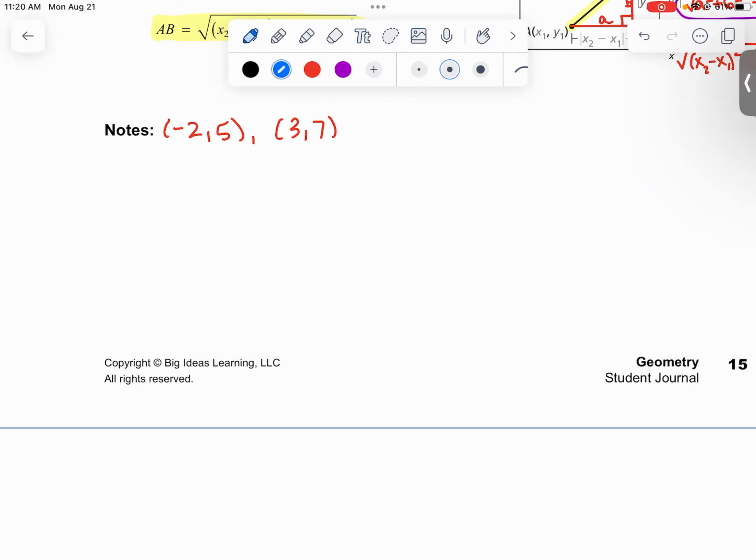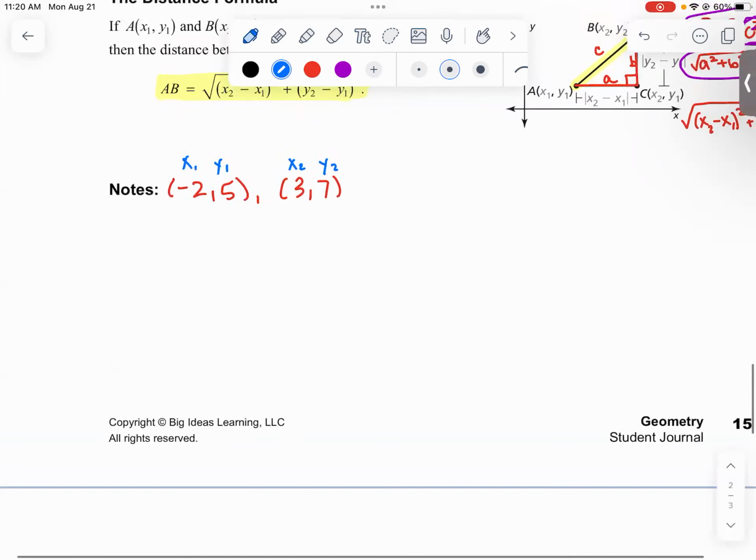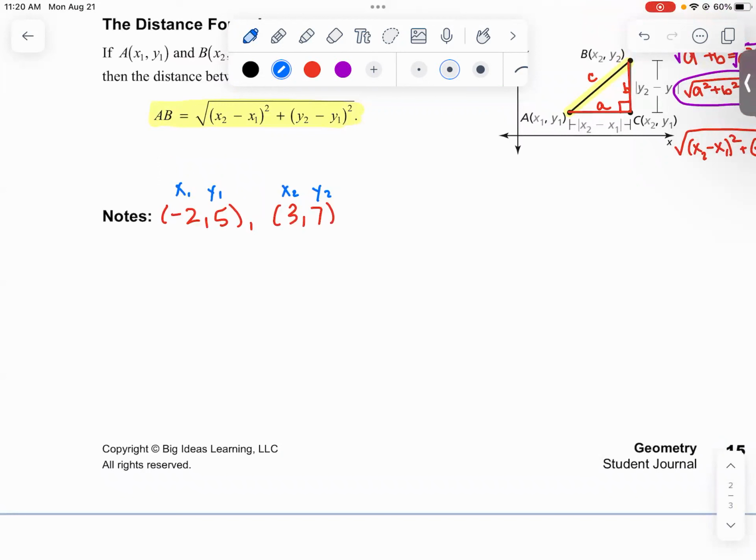What I want you to do is draw x1, y1, and x2, y2 above those coordinates to help you. So this is what we're gonna do. In order to find our distance, and I'm just gonna write D for distance, I'm gonna make a big, long square root sign.